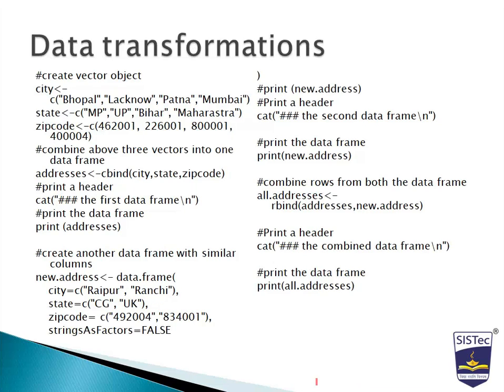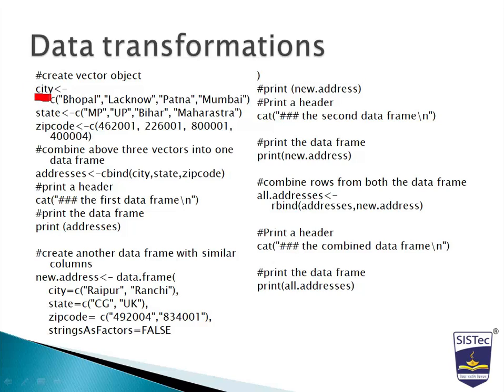Next is data transformations. Data transformation means we can transform data as per the requirements of the analysis. So here we have a simple program that demonstrates data transformations. Here we create a vector object with the city.